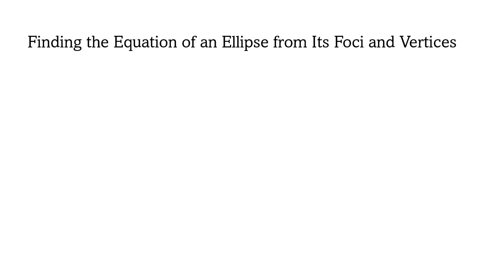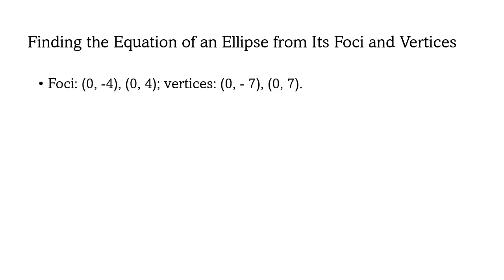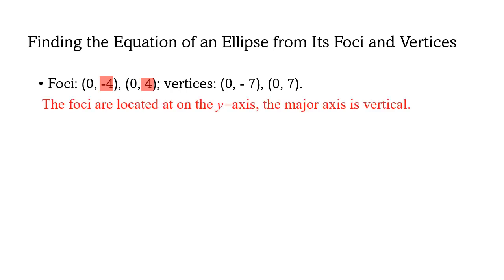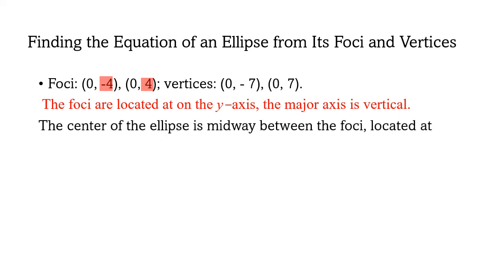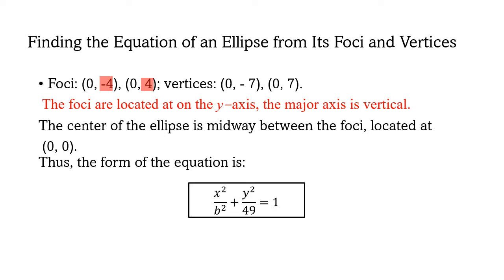Another example, we need to find the equation of an ellipse from its foci and vertices. So we have the foci 0, -4 and 0, 4, and the vertices 0, -7 and 0, 7. The foci are located on the y-axis, therefore the major axis is vertical. The center of the ellipse is midway between the foci, located at 0, 0. Therefore, the form of the equation is x squared over b squared plus y squared over 49 equal 1.